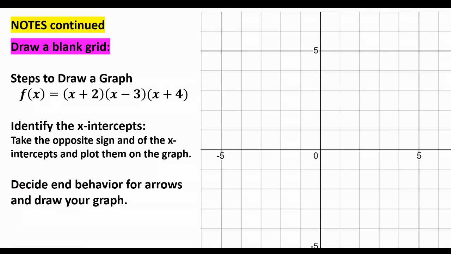Okay, so now I want you to draw a blank grid. So you can go from 0 to like 5s. You should make your tick marks on this one, right? So these little marks here. All right, so about out to 5s. Hit pause if you need a minute.